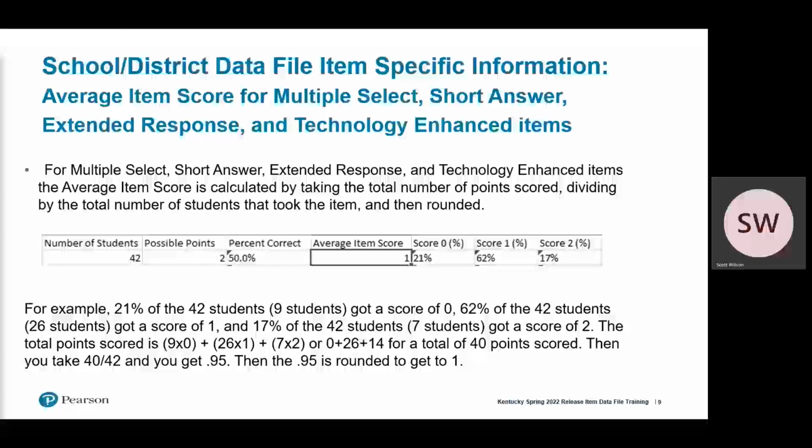So the total points would be 9 times 0 plus 26 times 1 plus 7 times 2, which equals 0 plus 26 plus 14, for a total of 40 points scored. Then you take the 40 divided by 42 and you get 0.95. Then the 0.95 is rounded to get 1.